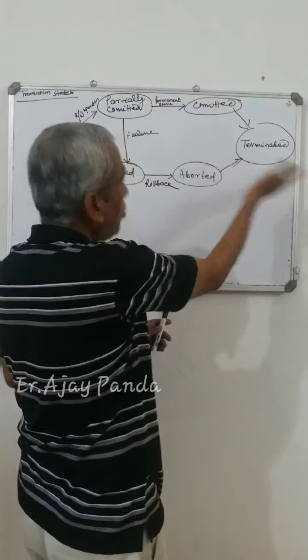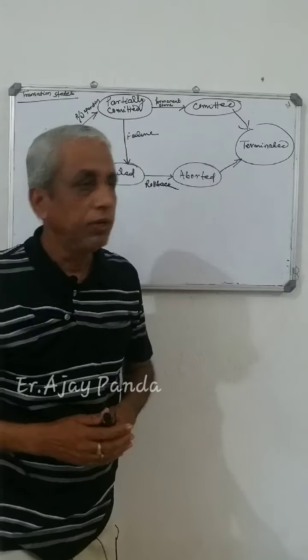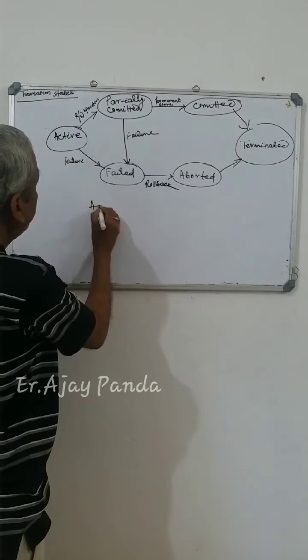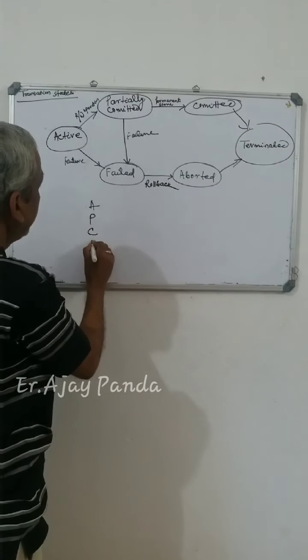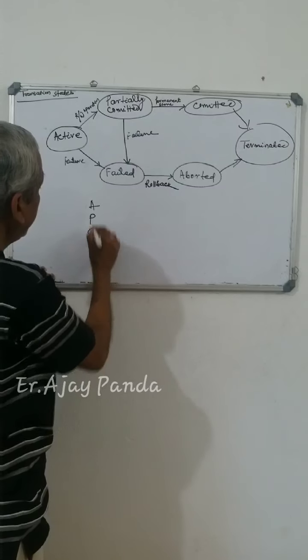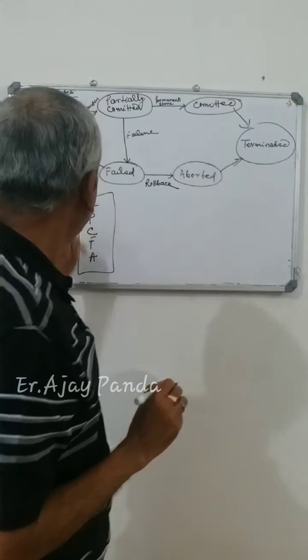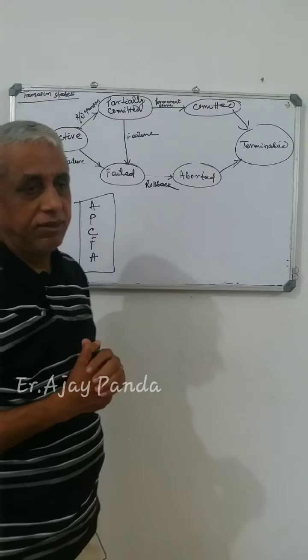It may be a successful transaction or it may be unsuccessful. So accordingly, the steps: one is active, another is partially committed, then failed, another aborted. 1, 2, 3, 4, 5. 5 states are there in your transaction.